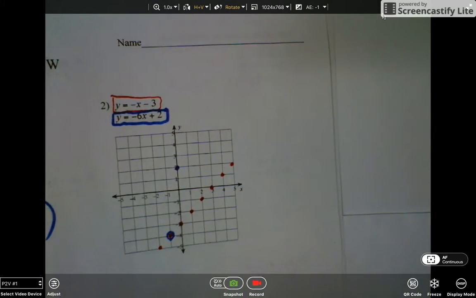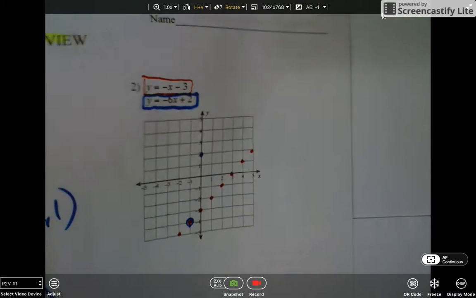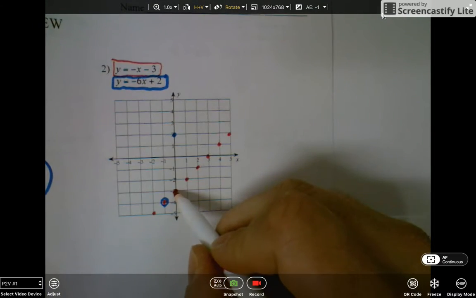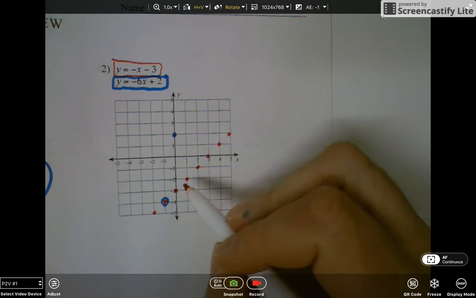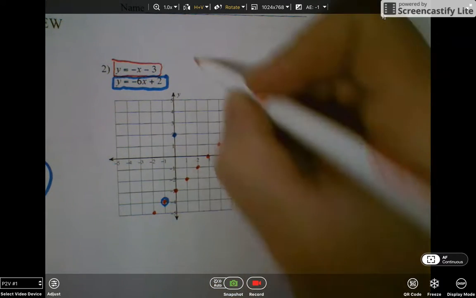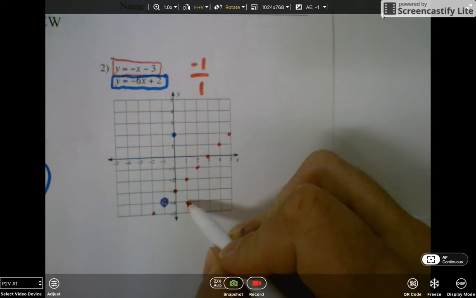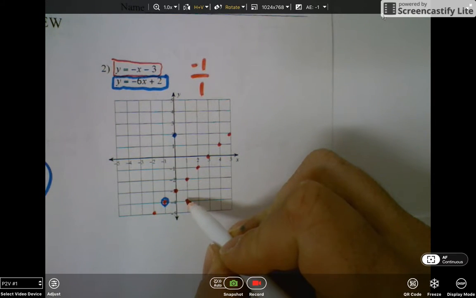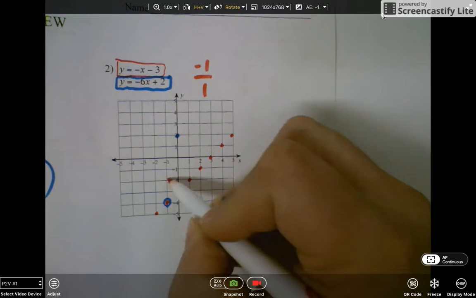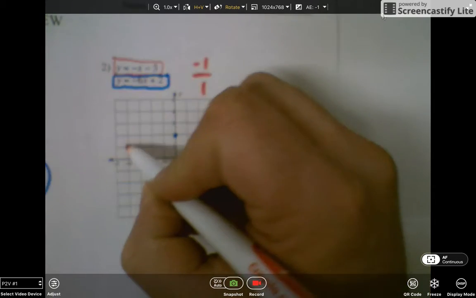For number 2, similarly, if I look at the red equation, my y-intercept is at -3. My slope is -1/1. So correction here, that's a +1 slope. This is a -1 slope. Sorry about that.